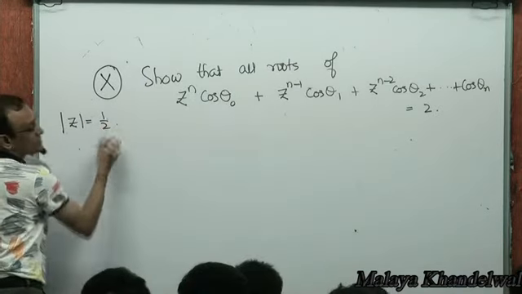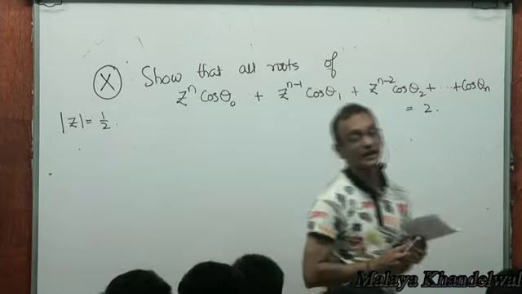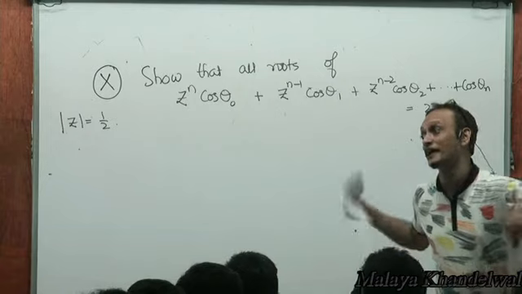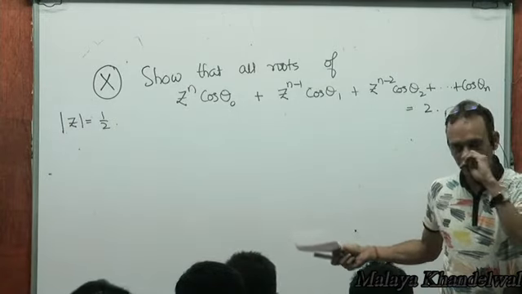Mod z equal to half is a circle centered at the origin with radius half. All points outside this circle would be z such that mod z is greater than half. This is what we need to show, right?